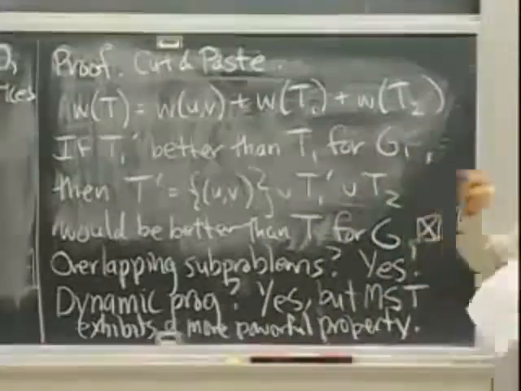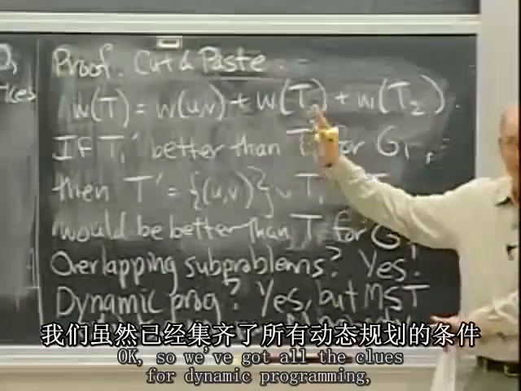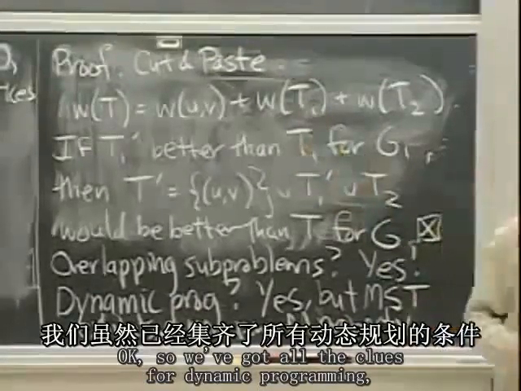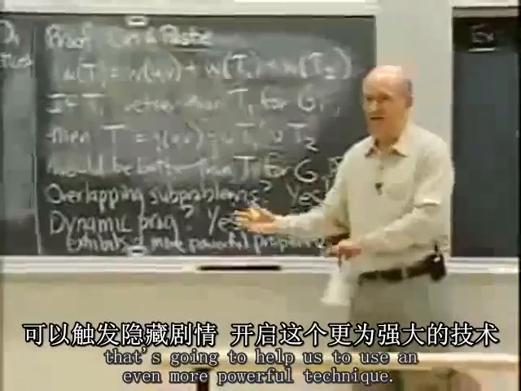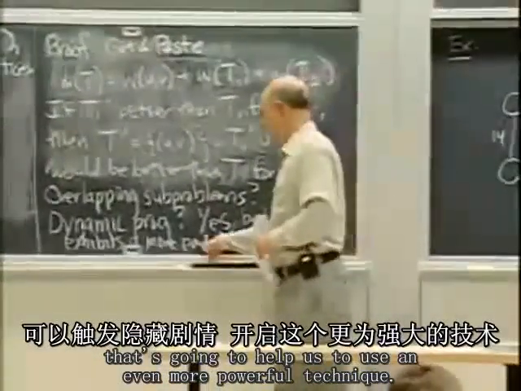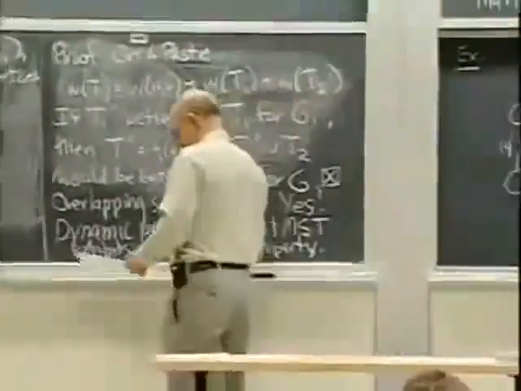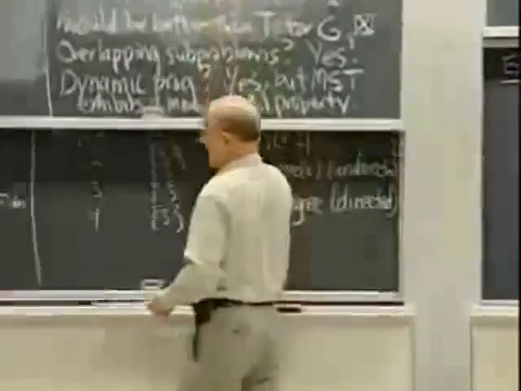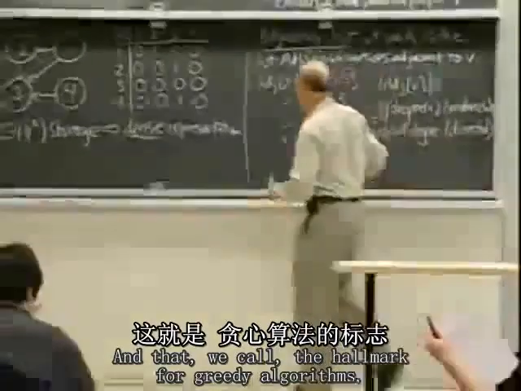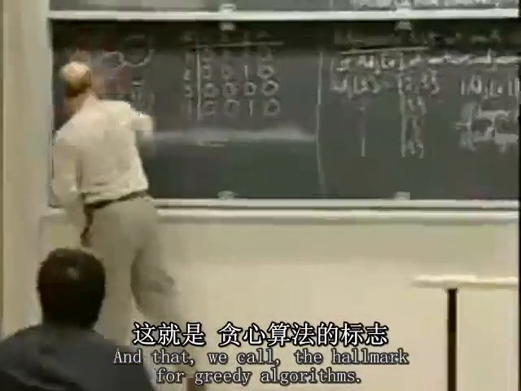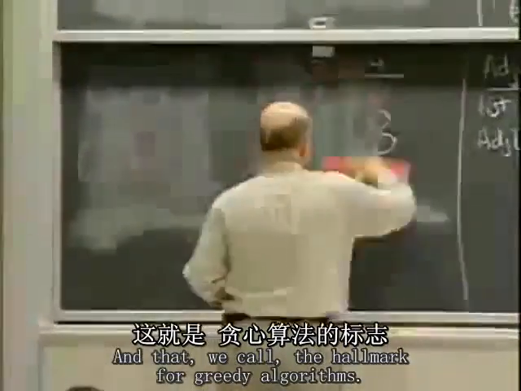So we got all the clues for dynamic programming, but it turns out there's an even bigger clue that's going to help us to use an even more powerful technique. And that we call the hallmark for greedy algorithms.